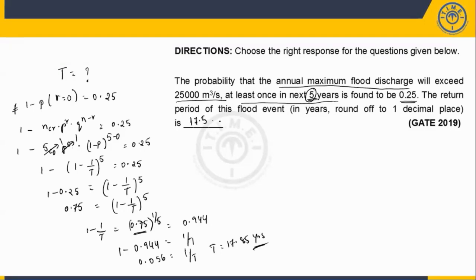Anything in this range will give you full marks. 2 marks. Okay. Moving forward.